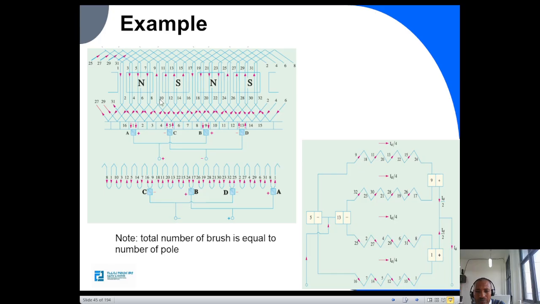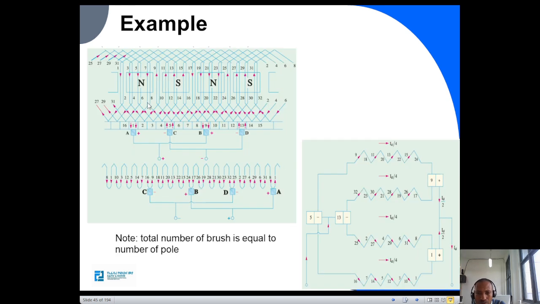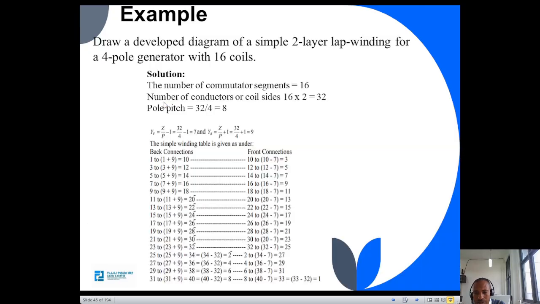And if you want to use the front pitch, 10 minus 7 is going to be 3, right? Okay, sorry, let me come back, not to confuse you. And similarly, if I start with 3, I will end up with 12.